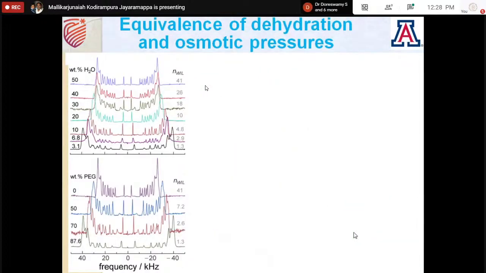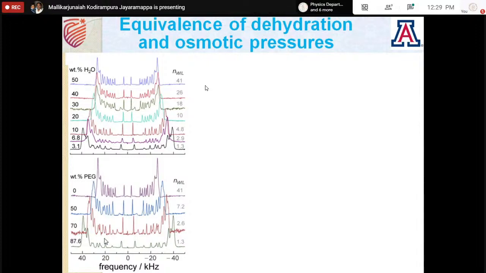Okay, in one set of our measurements, we wanted to apply extra pressure to this membrane system. There are a couple of ways of applying pressure to the system. I have neglected many of the slides here. Here, we took polyethylene glycol and started adding it to the lipid water system.